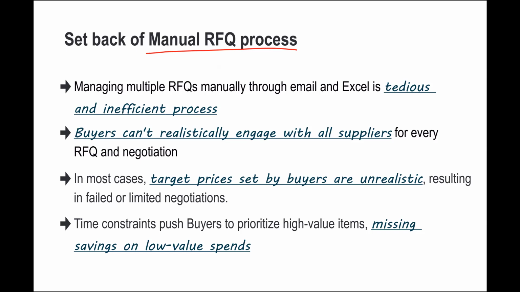But if you look at the entire procurement spend, generally 30% to 40% of the items are low to medium value spend. And we are not able to do justice negotiating aggressively with this kind of RFQs. And so you leave a lot of money for the suppliers to feast on.